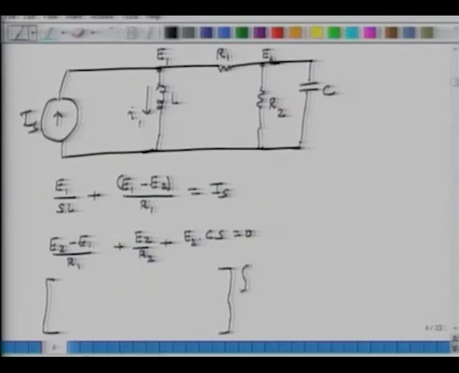So my unknowns will go in a vector, E1 and E2. On the right side, I put my known quantities, IS and 0, and my first term in the matrix is 1 over Ls plus 1 over R1.